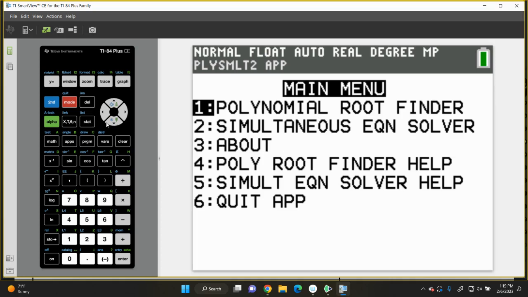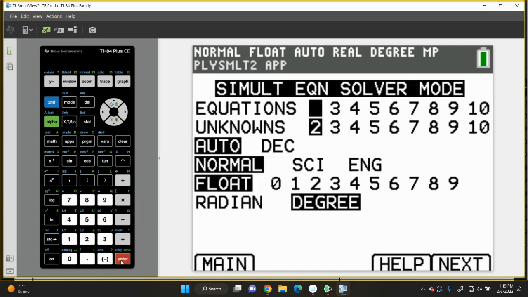This is also really nice for simultaneous equations, when you're solving a system of equations. You put your equations in: two equations, two unknowns, and then you can solve the system. It's a very helpful tool, especially on your AP exam, because you don't want to spend a lot of time doing the algebra.